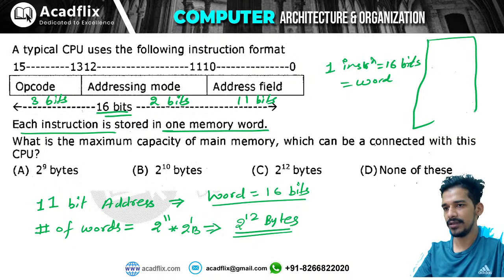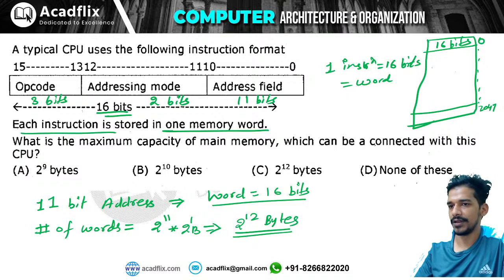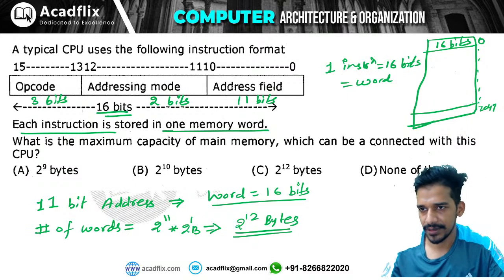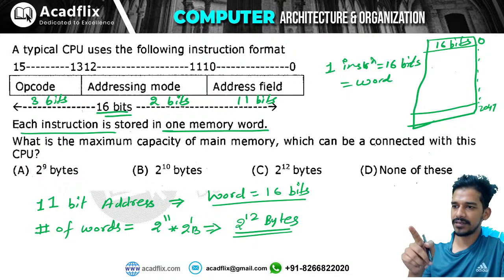In this memory you have an 11-bit address. 11-bit address means that you have a total of 2048 words, and the size of one word is 16 bits. So remember, if the memory is word addressable, this means that one particular memory cell will be given one address.